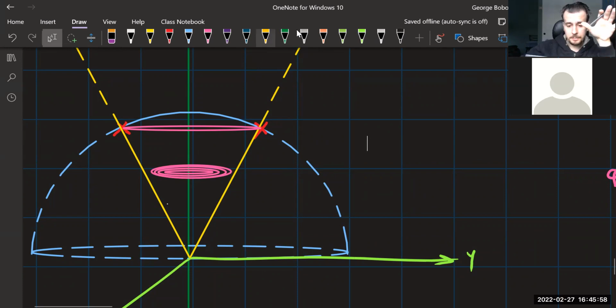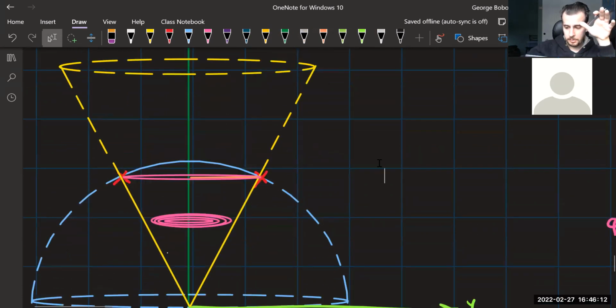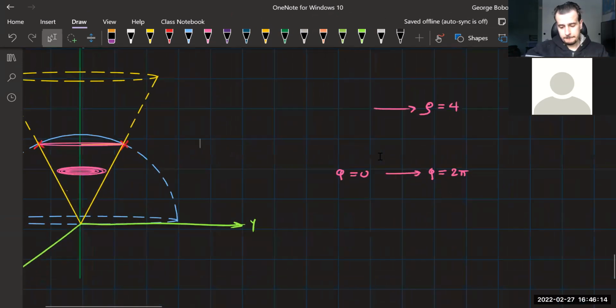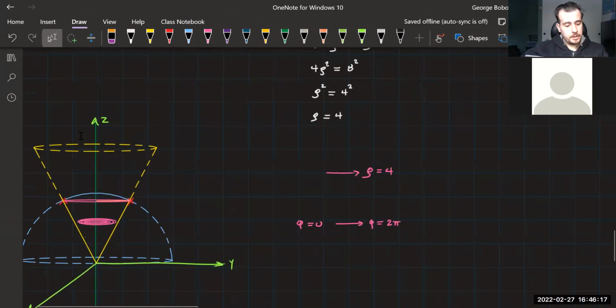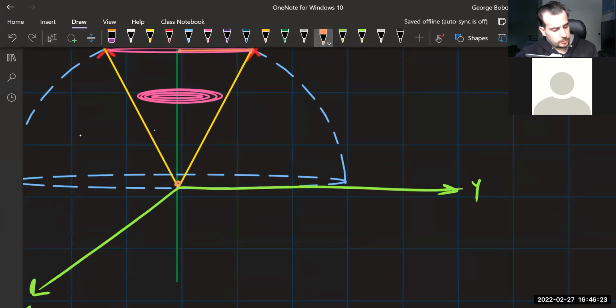Now, I know the limit up there. What did I find out? What was this rho up here? We just worked that out. How far was I from the z-axis at the intersection of the two? You remember? 4, right? So I actually do have that 4 up there, and you can see that I start from 0.